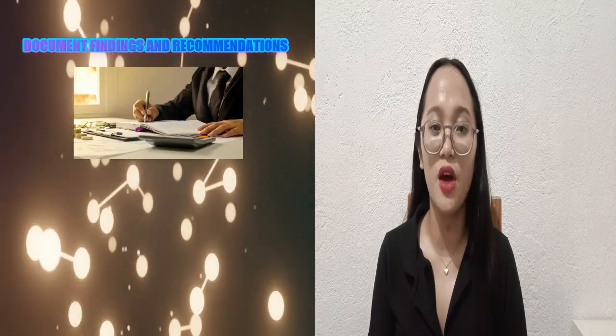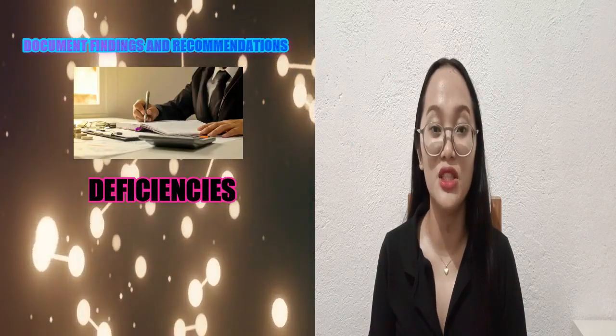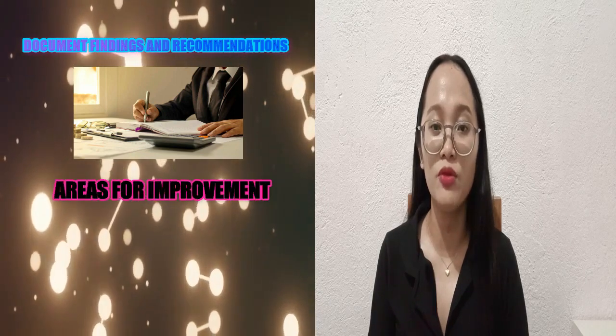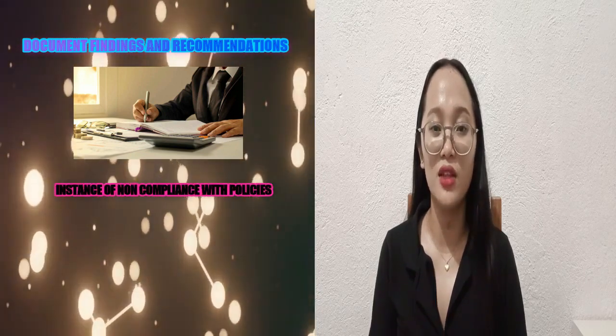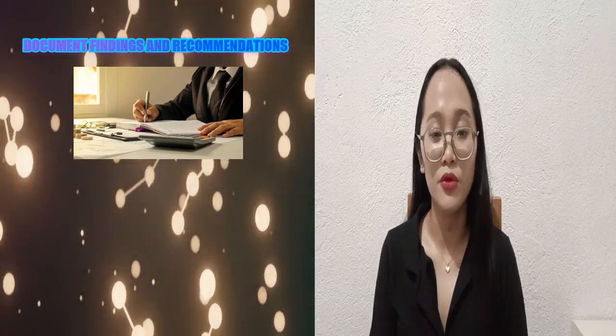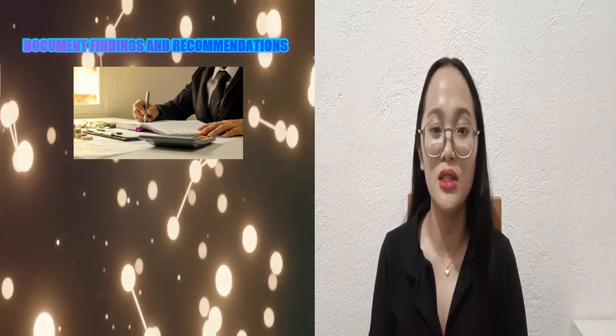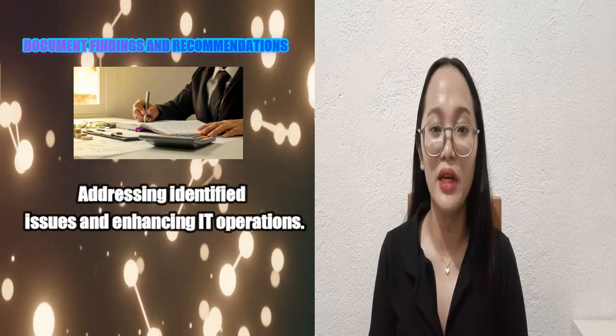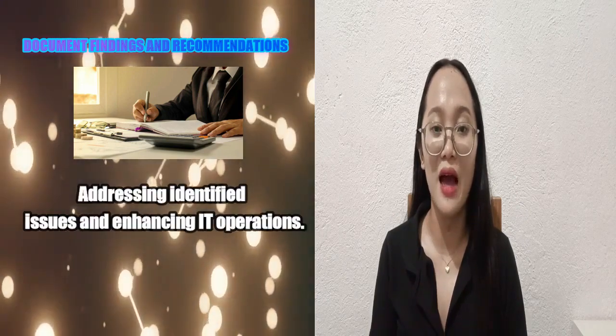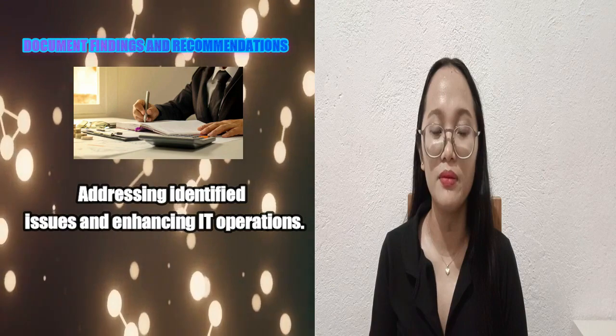Seventh, document findings and recommendations. Document the findings of the audit, including any deficiencies, areas for improvement, and instances of non-compliance with policies or regulations. Provide actionable recommendations for addressing identified issues and enhancing IT operations.